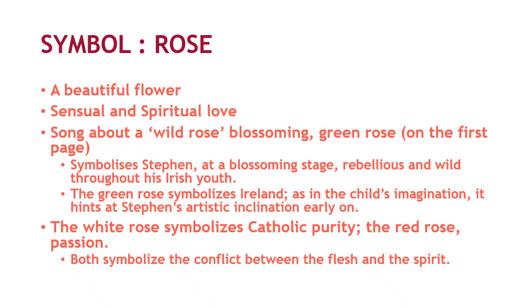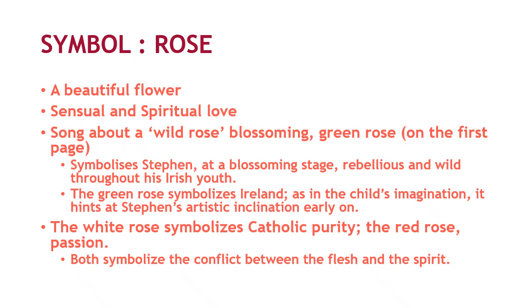This green rose is suggesting Ireland, while the wild rose is suggesting Stephen, who is at a blossoming stage in his life, and he is rebellious and wild throughout his Irish youth.